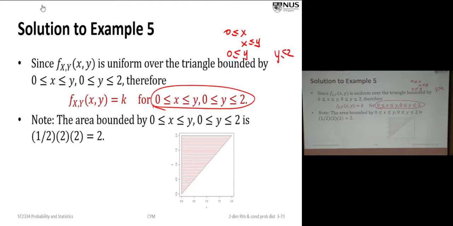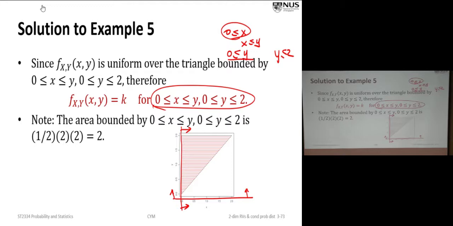So, x bigger or equal to 0, to look at this region, basically you look at x equal to 0. This line is x equal to 0. X bigger or equal to 0 means that you are looking at this part of the line. And then y greater or equal to 0, basically you are looking at this part.